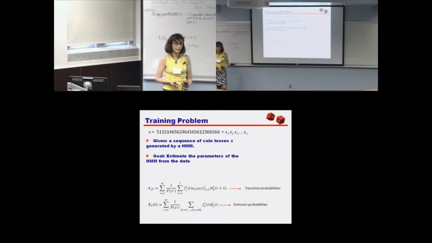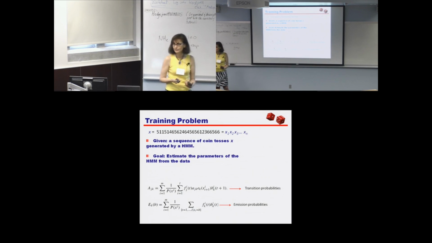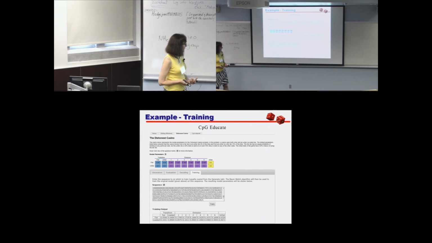Of course, you're counting on having a certain number of annotated sequences, where you know how the dishonest casino did its work. So you have a certain number of sequences for which you know both the X's and the pi sequences, the observed and the hidden. And this is just a quick run of the algorithm.